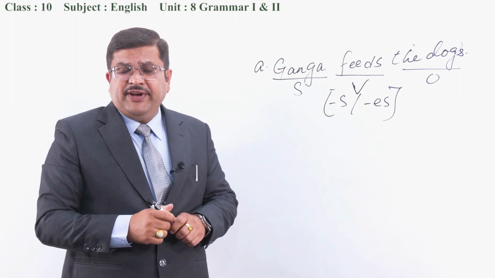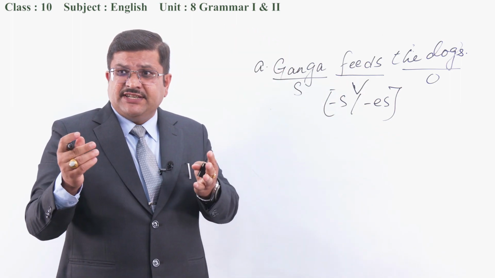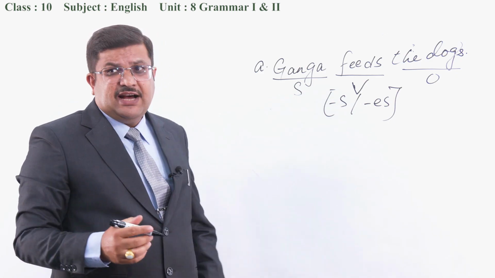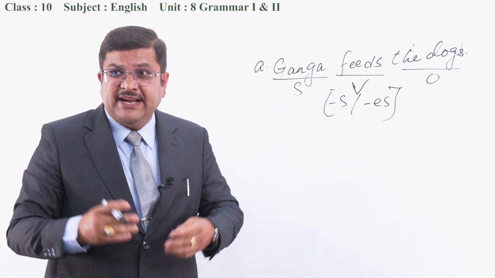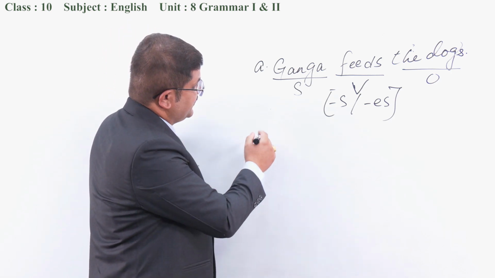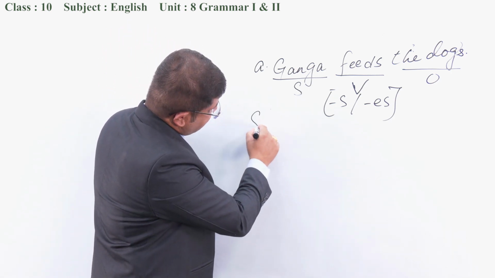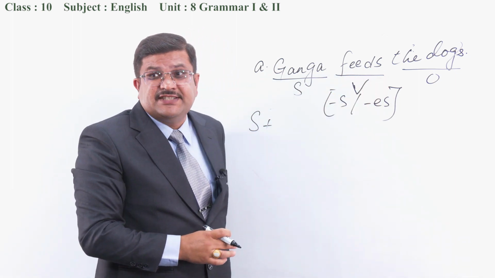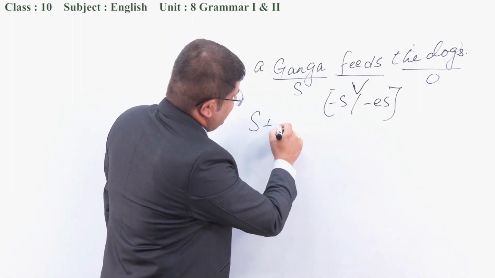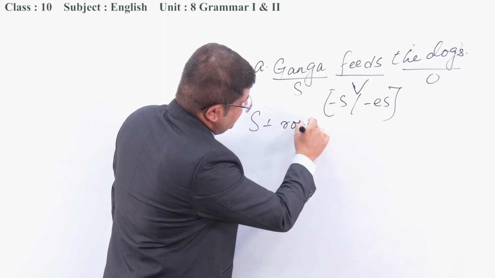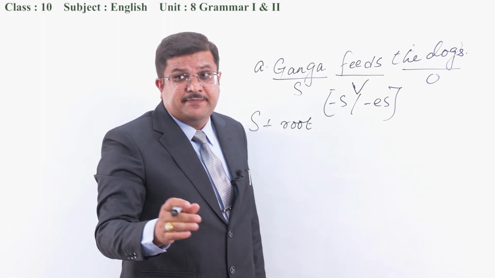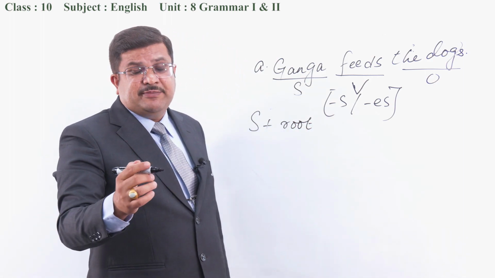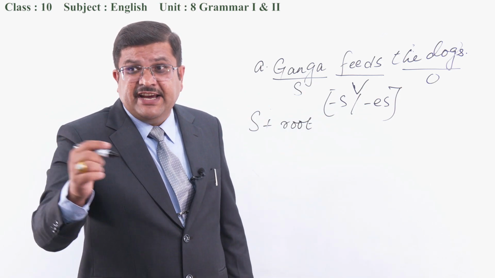Dear students, when we are changing an active sentence into passive one, how do they change? Let's see the way. This is Ganga, subject. Here, feeds is a verb. Sometimes we may have root form of verb. Sometimes we may have S or ES form of the verb.